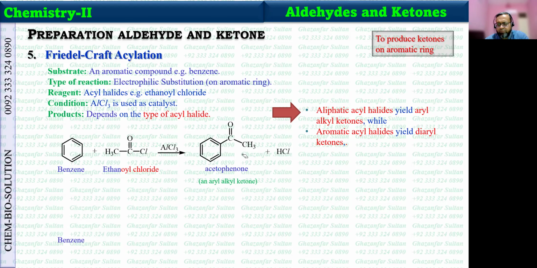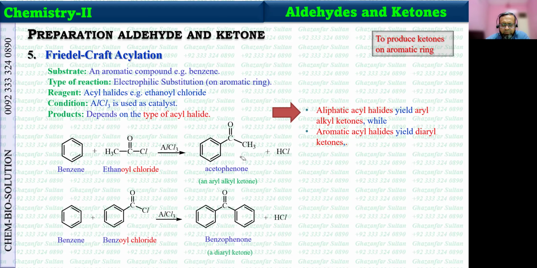Now see, one is the benzene and another is the benzoyl chloride. So the acyl halide that we are using here is also an aromatic group. Suppose this benzene ring is this one and this acyl group is this.